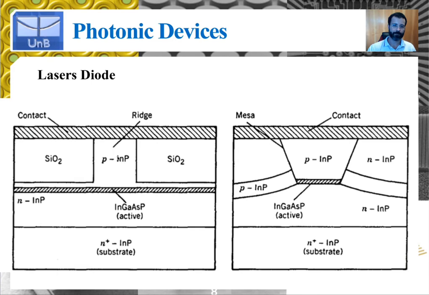So a p-type indium phosphide and an n-type indium phosphide layer on either side of the active region, and the active region, which is a smaller band gap alloy, which is indium gallium arsenide phosphide in this case, right? This has a smaller band gap, typical double heterostructure, and so the diode is formed in this region.